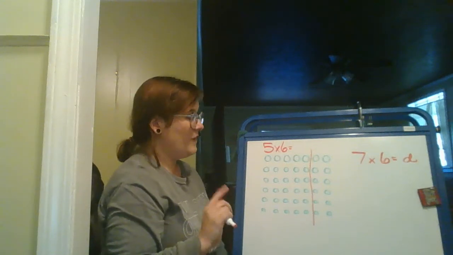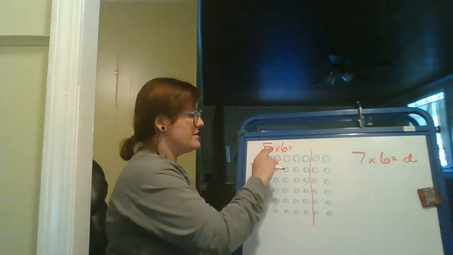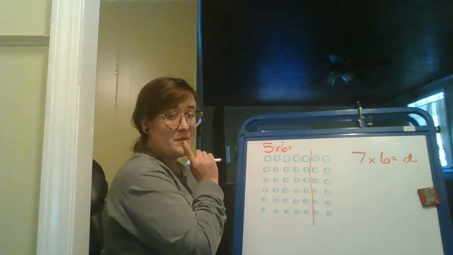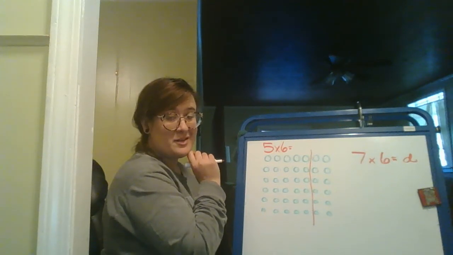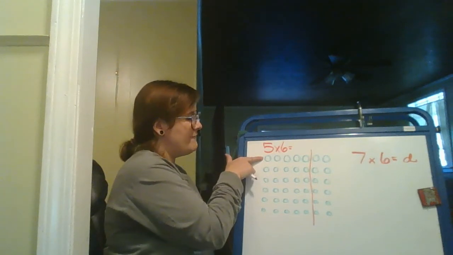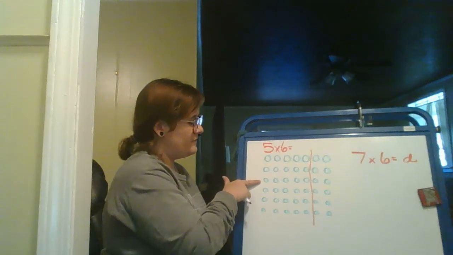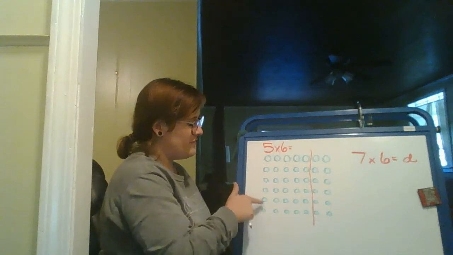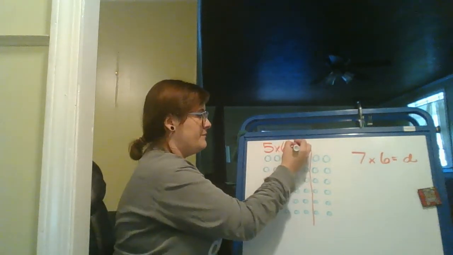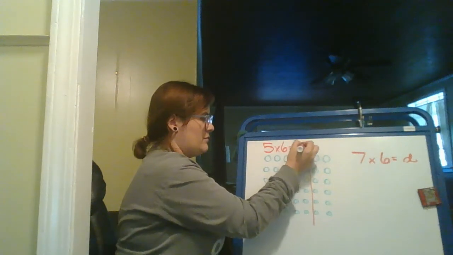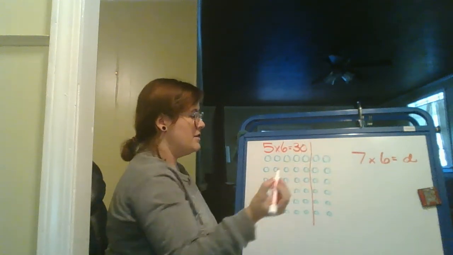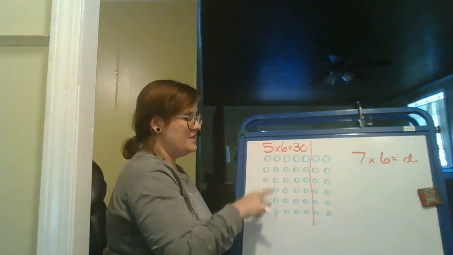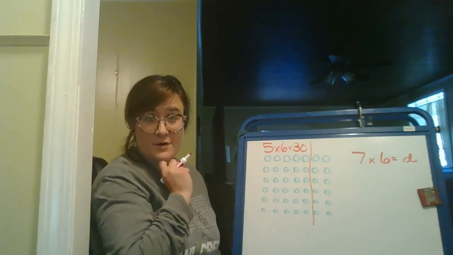Now, I know that 5 times 6 and 6 times 5 are the same, so I'm going to count by 5s. Is that okay with you? Let's do it. 5, 10, 15, 20, 25, 30. Okay. So I've said that 5 groups of 6 is 30.